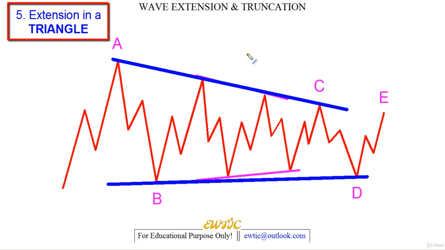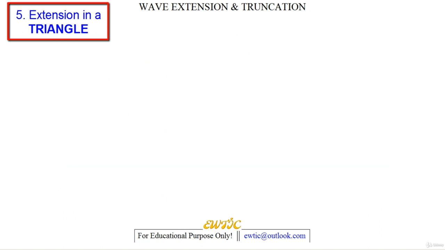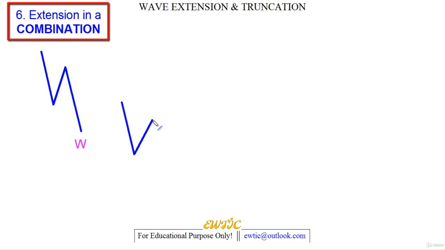What about the combination? Well, the combinations are already the extensions of the corrective wave patterns, right? For example, the zigzags, when they are connected via wave X, take the form of double and triple zigzags. These are extended zigzags, right?